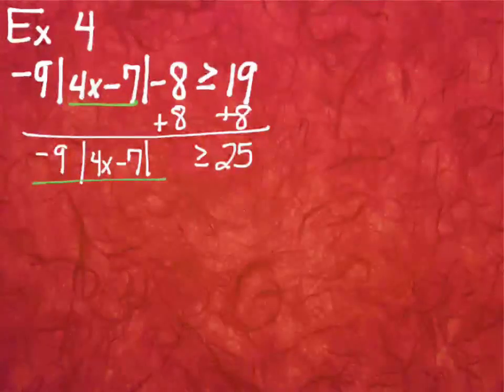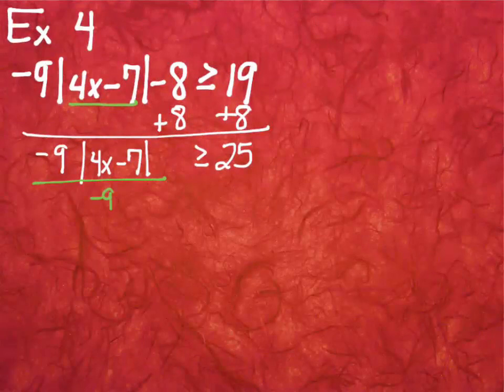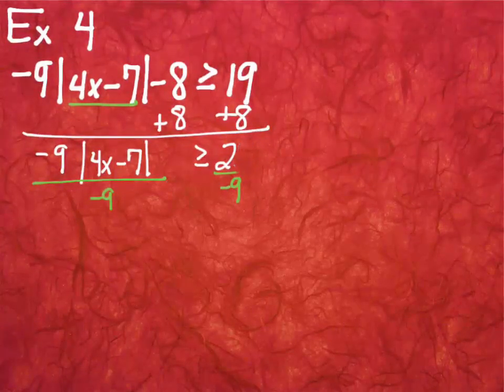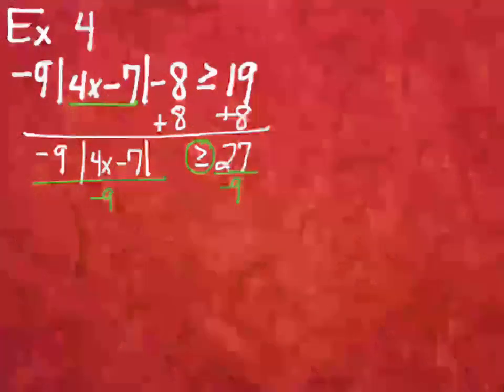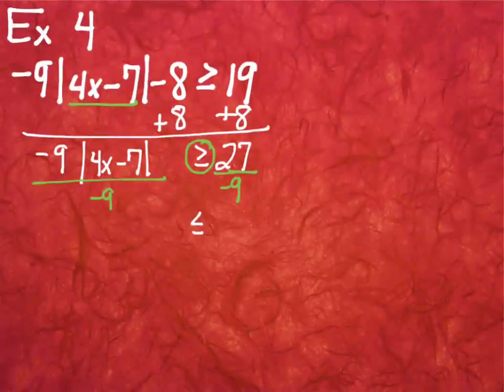Now, I'm going to divide both sides by negative 9. When I divide by a negative, that causes my inequality symbol to switch directions. And that gives me a negative 3 on that side.